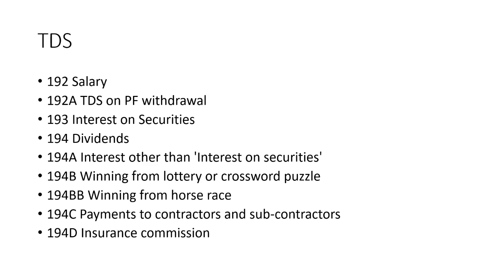Next is 192A, TDS on PF withdrawal. You know, from 2016 onwards, if an amount of more than 1 lakh is withdrawn from the Provident Fund account, this will attract TDS at the rate of 10%. The Provident Fund authorities will deduct tax if this is a premature withdrawal of the Provident Fund by the employees.